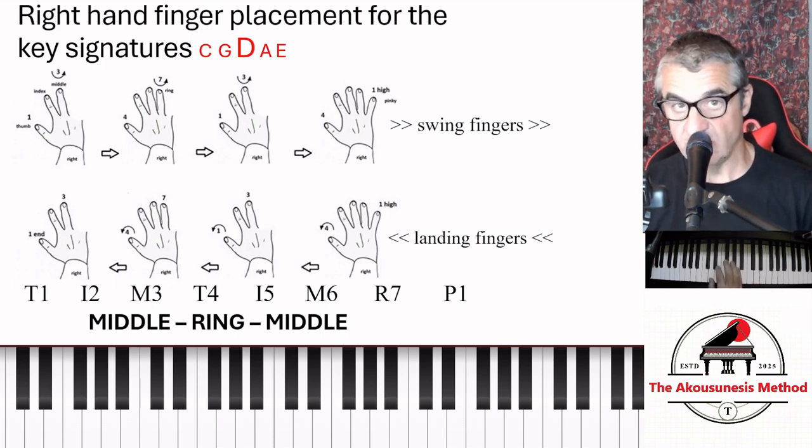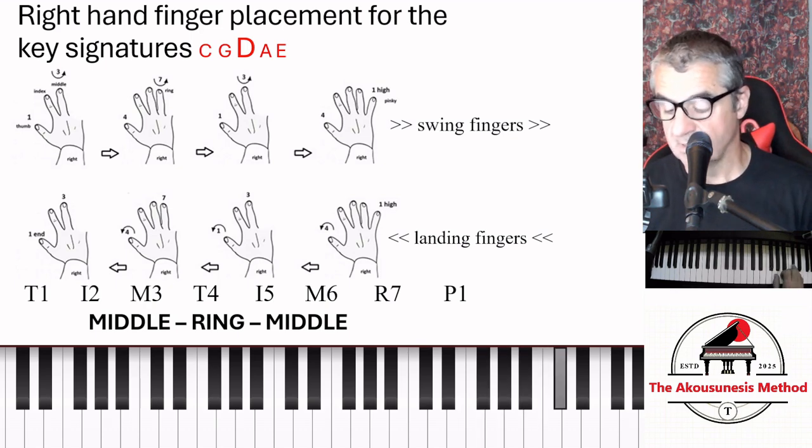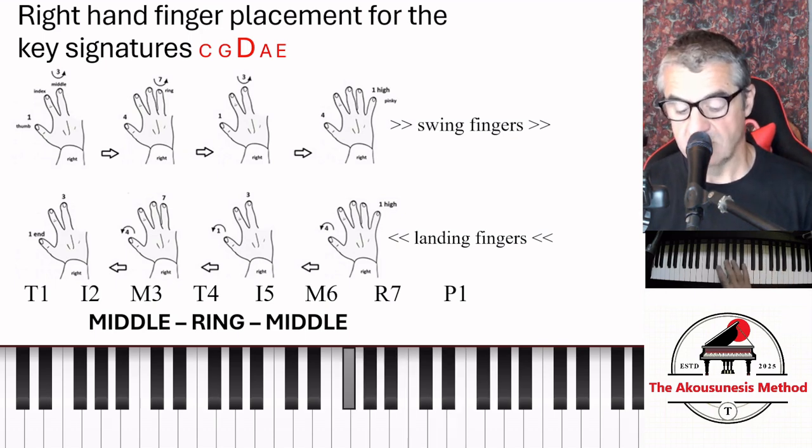So let's do it one more time. And this is how I want you to practice it. Middle, ring, middle, coming back. Middle, ring, middle. So you can see coming back, it goes all the way to the thumb.